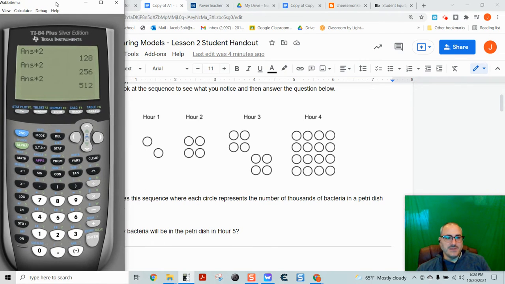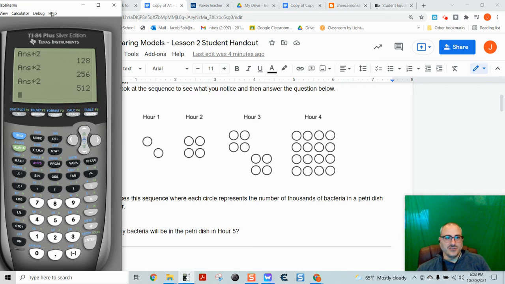There's another way that we can do this. In math, sometimes we use what's called an exponential function to model something like this. For instance, 2 to the second power is the same thing as 2 times 2. 2 to the third power would be 2 times 2 times 2. So 2 raised, this little caret raises it up, to the third power will be 8. 2 to the fourth power will be 16.